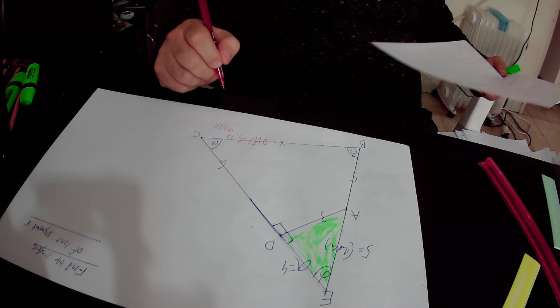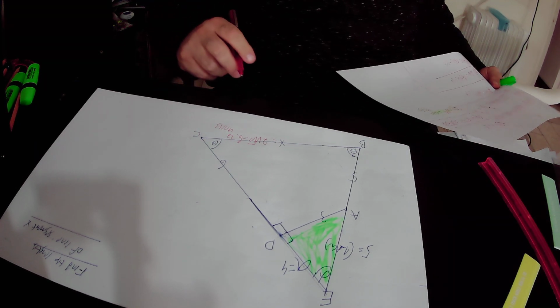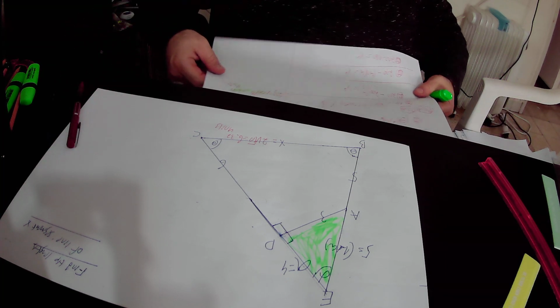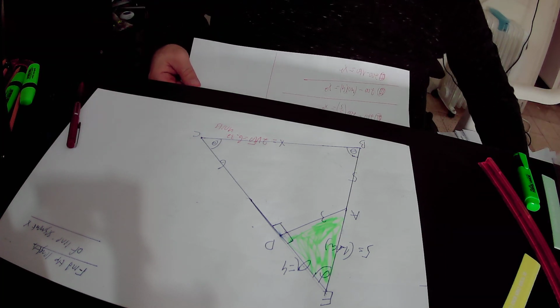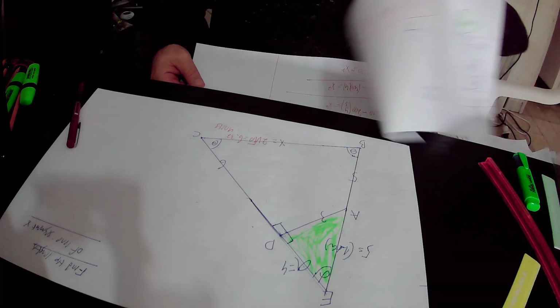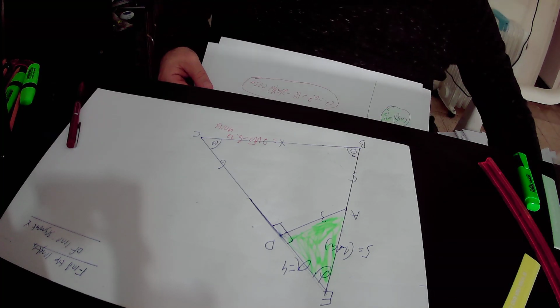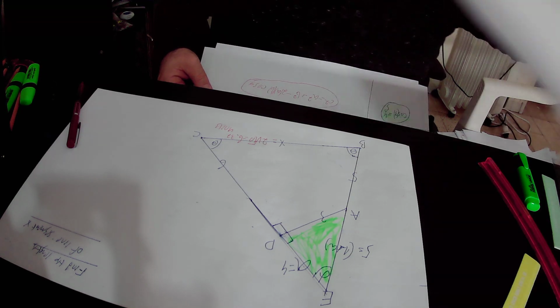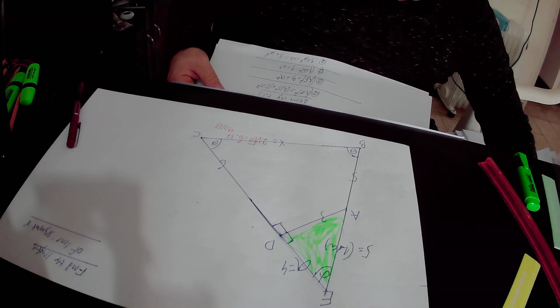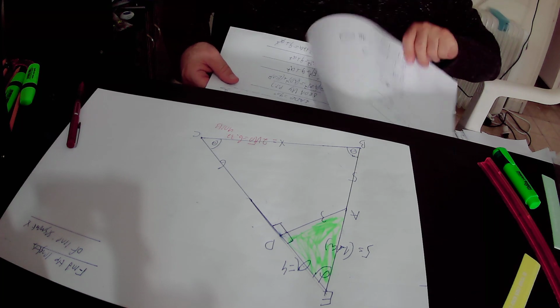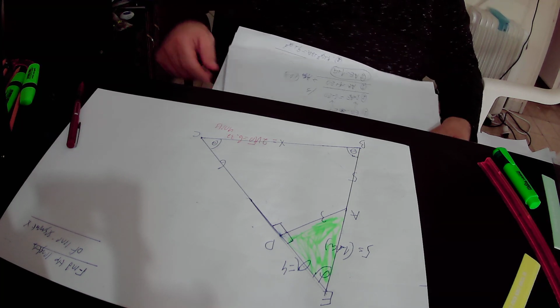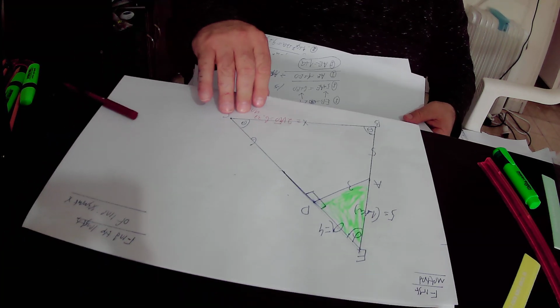Okay? So we finished with the first method. In the next step, I will present to you how to find the length of this line segment BC, that is equal to x, according to the second method. In the second method, we will do another construction.